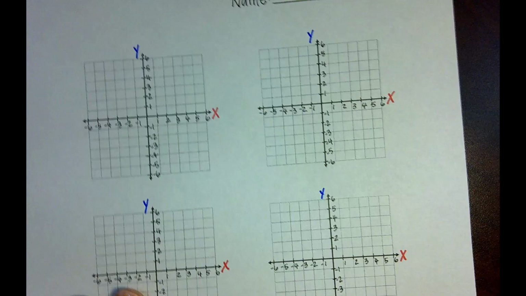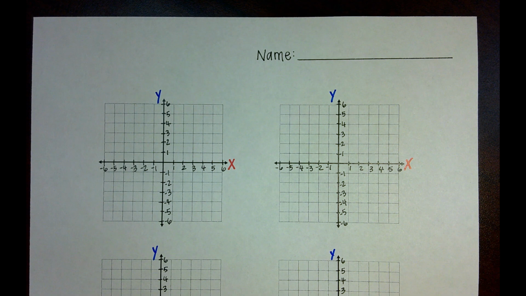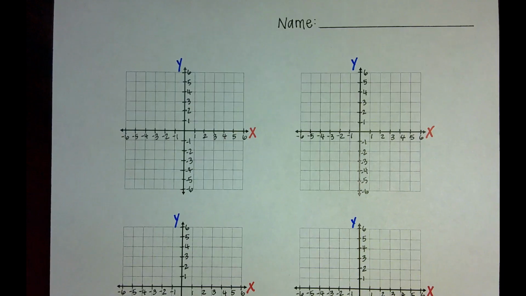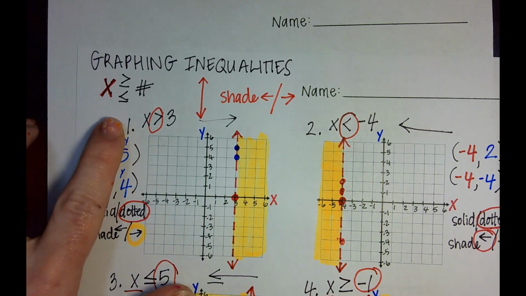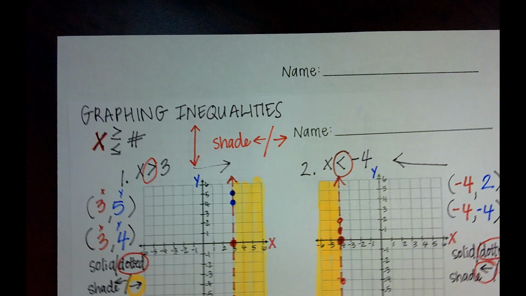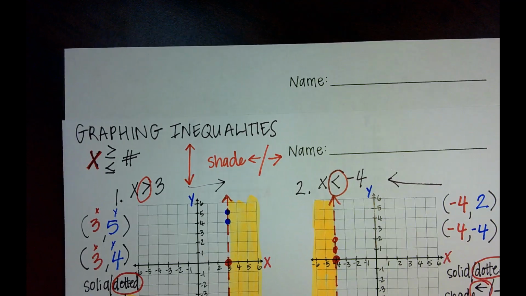Just for good measure, do you guys want to run through some where it's just y equals something? Okay, let's do those as well. So I'm going to pull out one more sheet of paper like this. If you need another, there are more at the front of the room. And this time, I'm going to label it pretty much the same thing, but I'm going to write y instead of x.